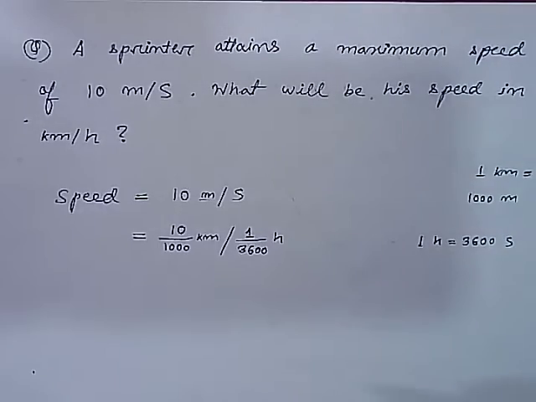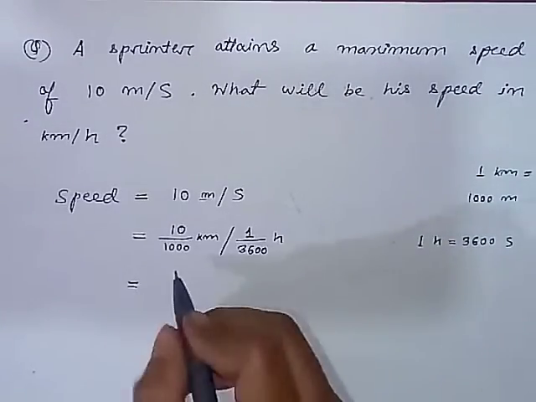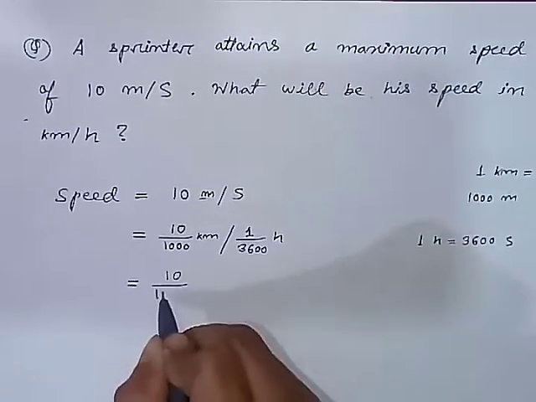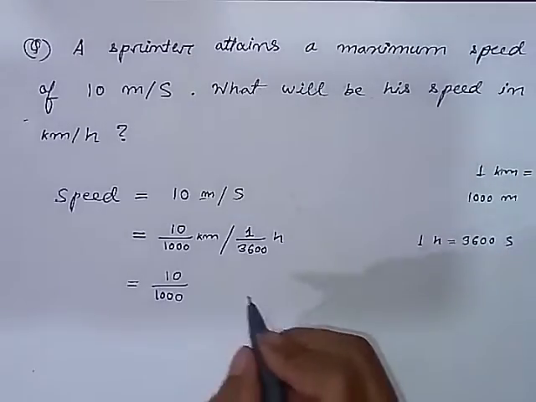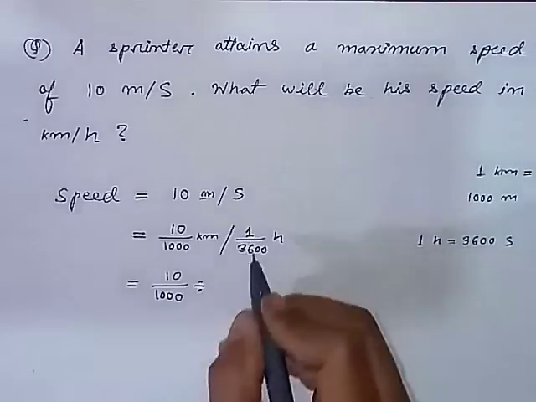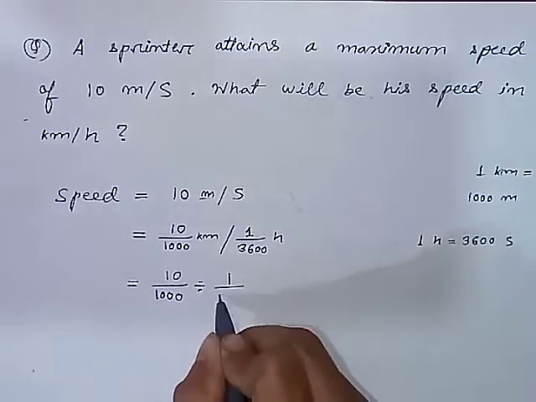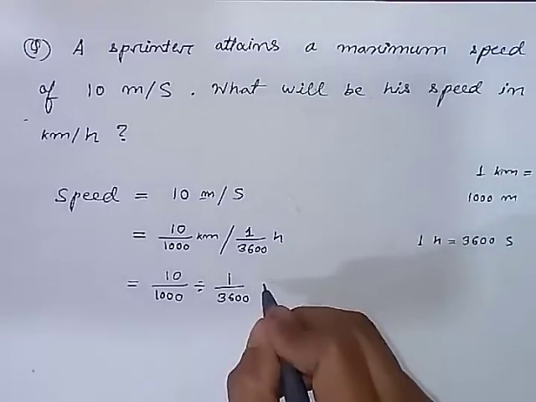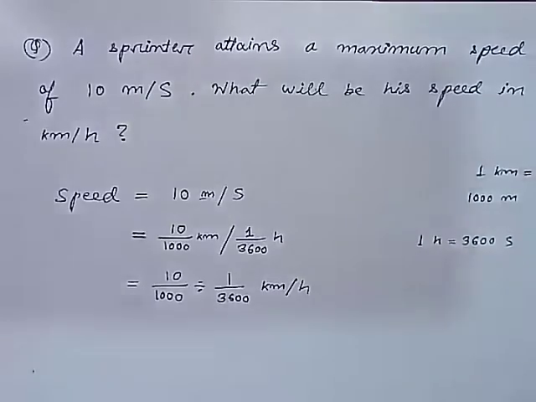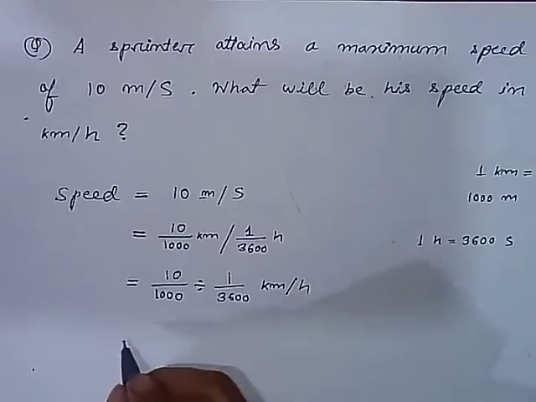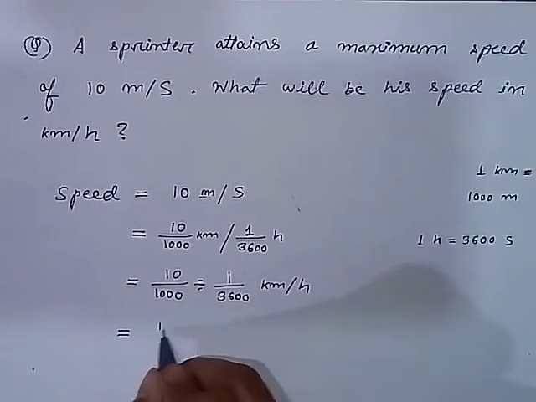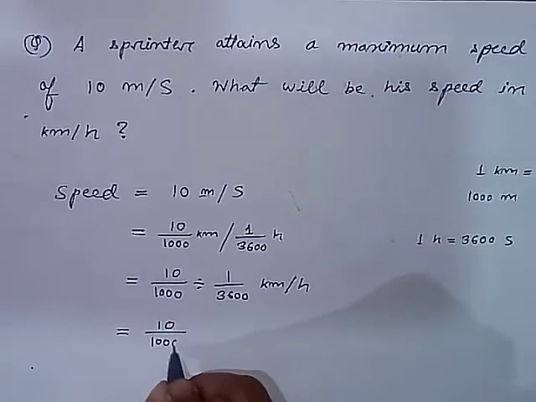Okay, so 10 by 1000 divided by 1 by 3600 kilometer per hour, we can write like this, equal to 10 by 1000.